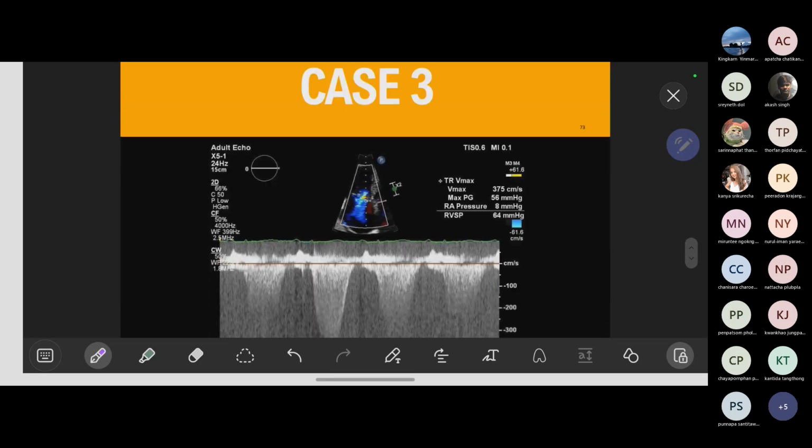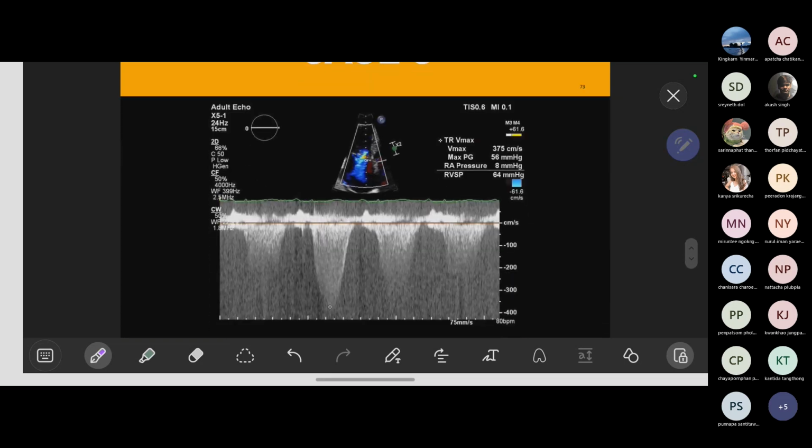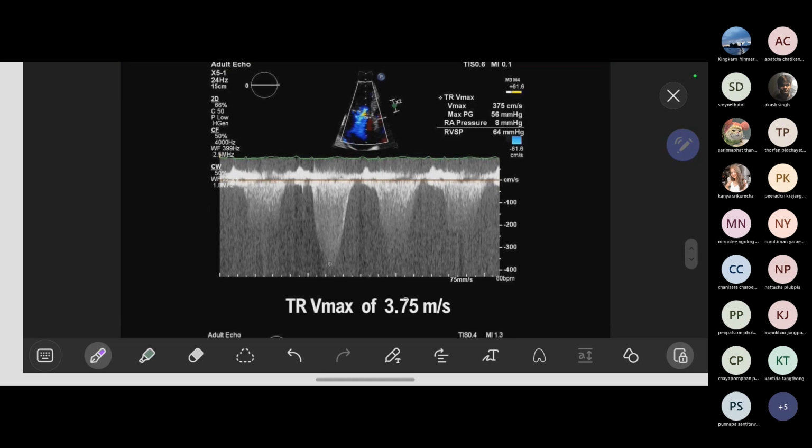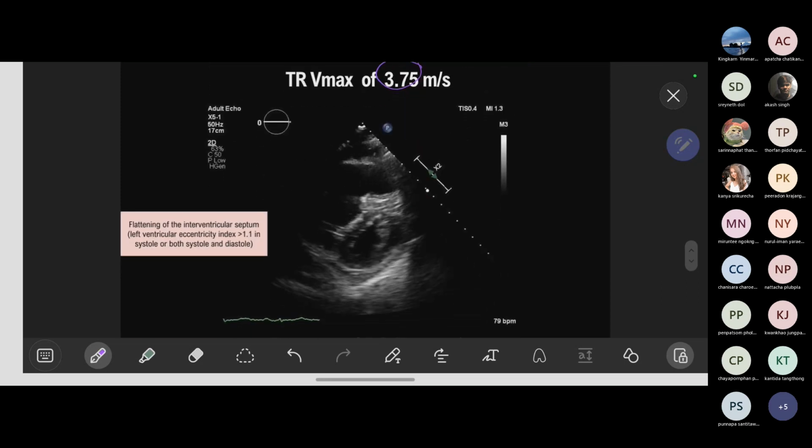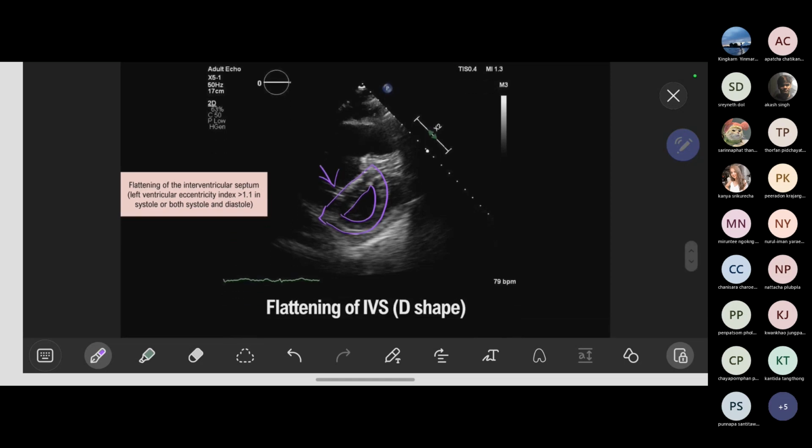Case 3, a patient with TR max velocity 3.75. And you see D shape flattening of the interventricular septum, which indicates RV pressure overload or RV volume overload, depending on systole or diastole.